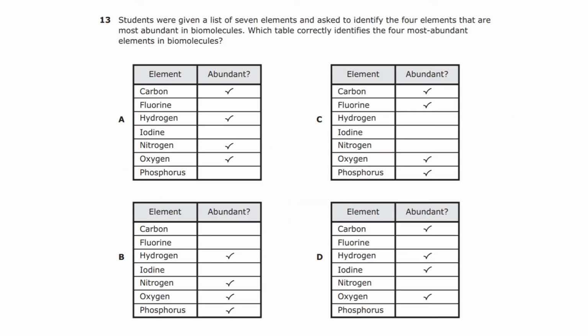Number 13 says students were given a list of 7 elements and asked to identify the 4 elements that are most abundant in biomolecules, and which table correctly identifies the 4 most abundant elements in biomolecules. Now we have 4 basic biomolecules. We have carbohydrates, we have fats, we have proteins, and we have nucleic acids.